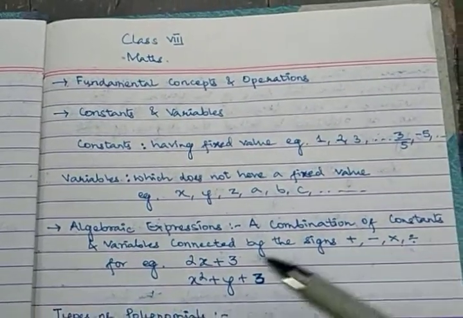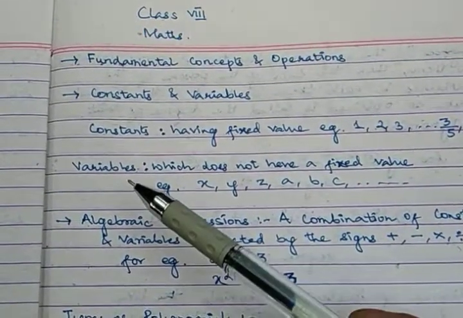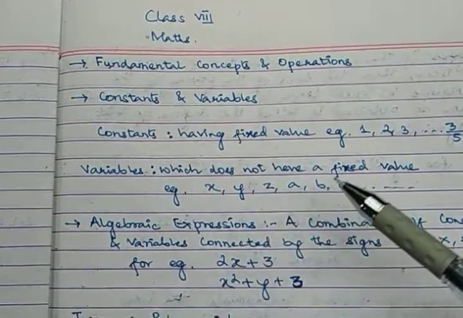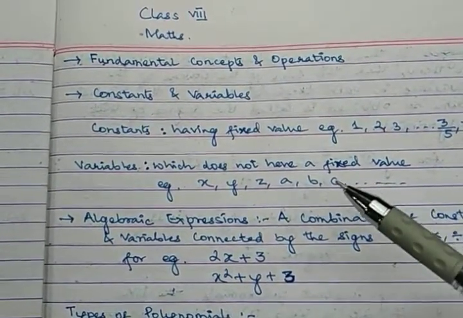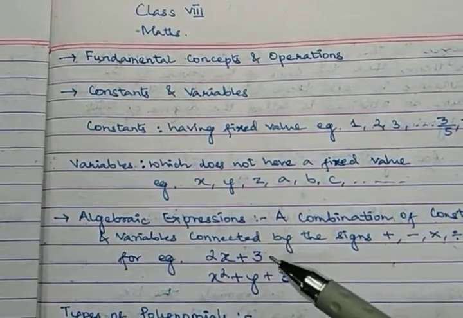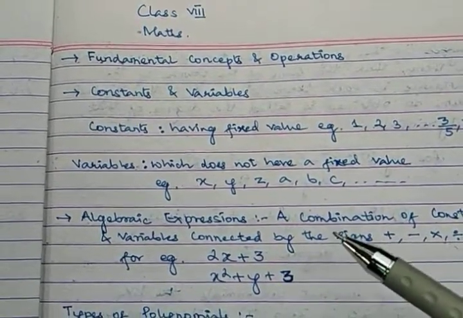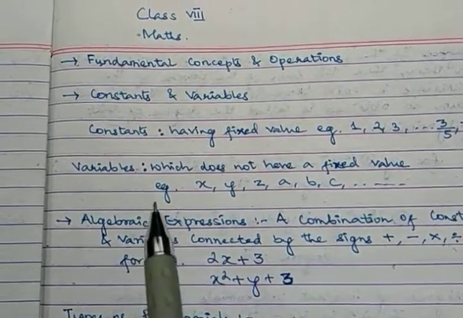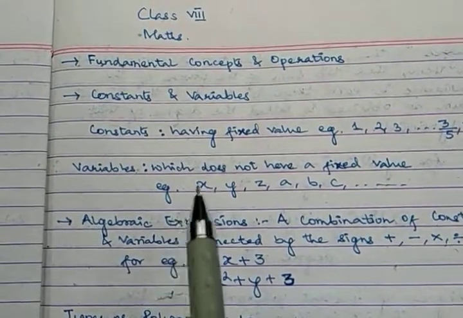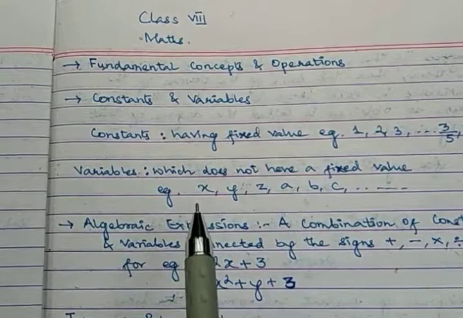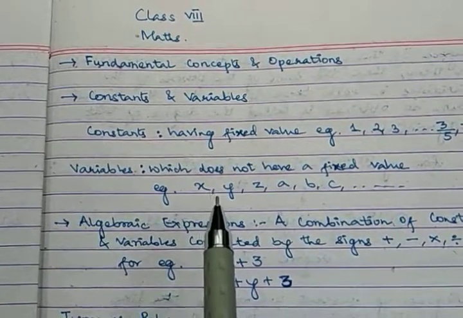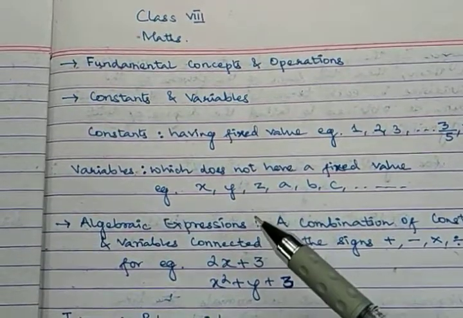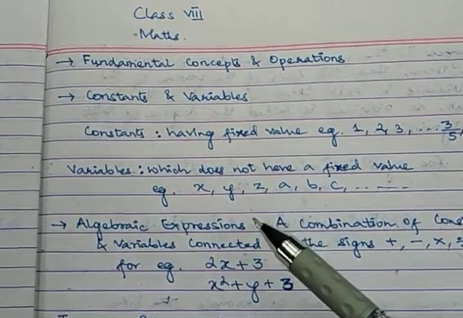The second term we have here is variable. A variable is something that does not have a fixed value. We don't know the exact value of a variable, but it doesn't mean that it does not have a value. Remember, in every equation a variable has a value which we do not know. In algebraic expressions, the sums under algebra are simply about finding the value of the variables.